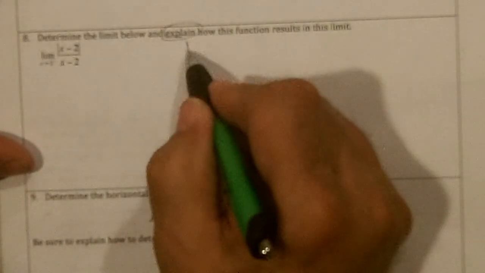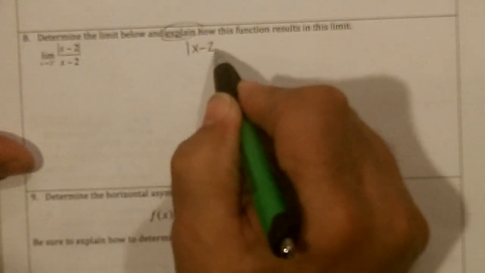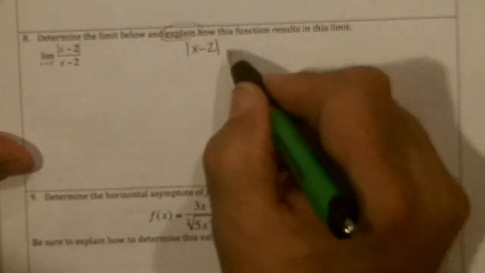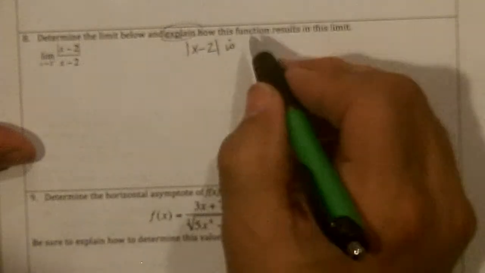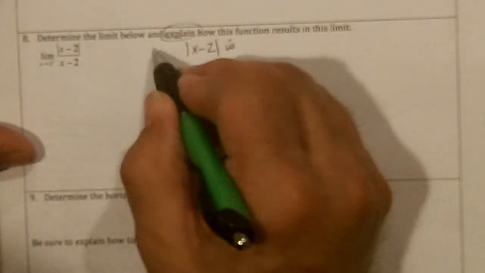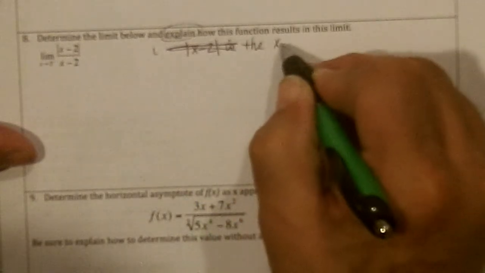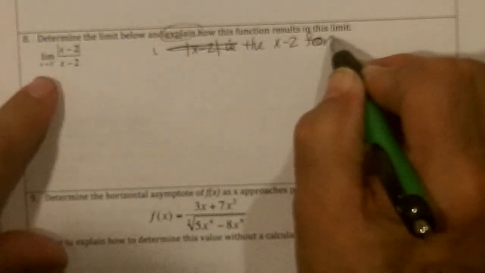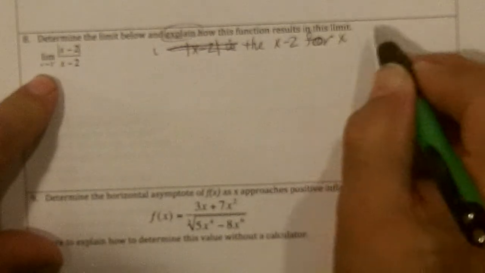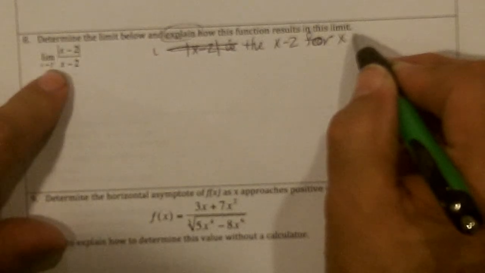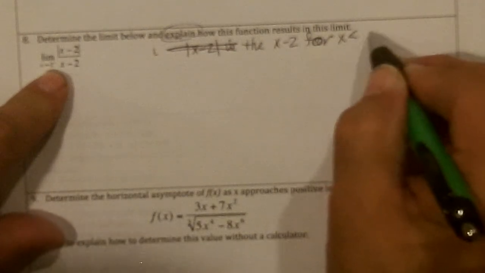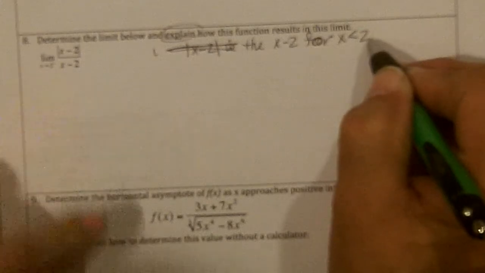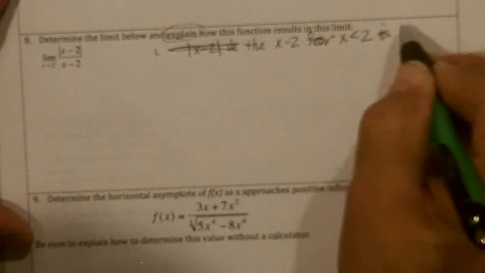The absolute value of x minus 2 is, let's say it this way. The x minus 2, for x approaching 2 from the negative side, so when x is less than 2, that's approaching 2 from the negative side, is negative.